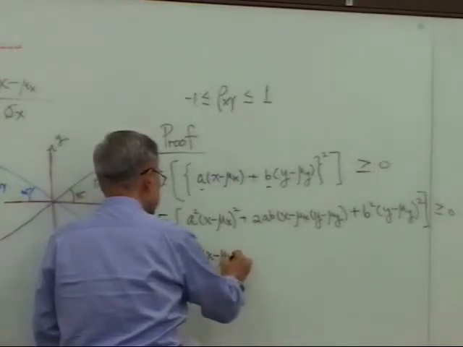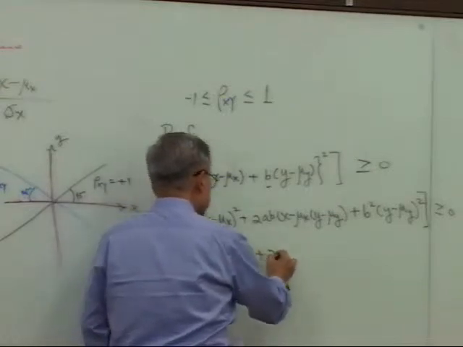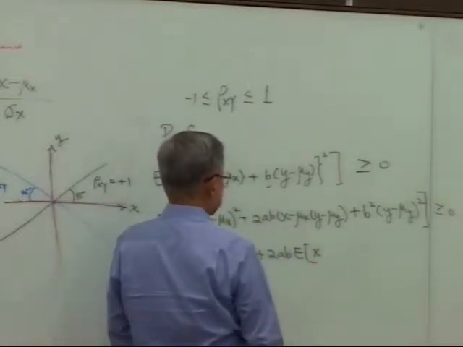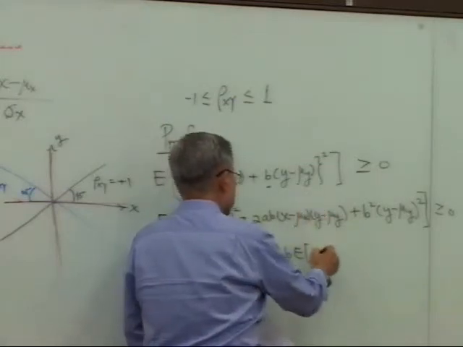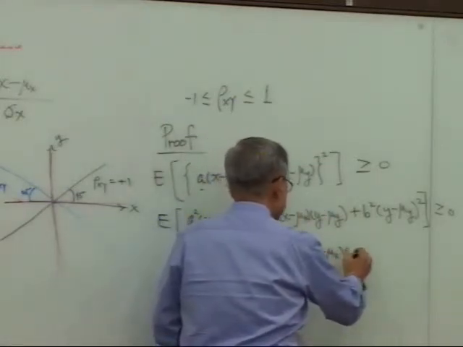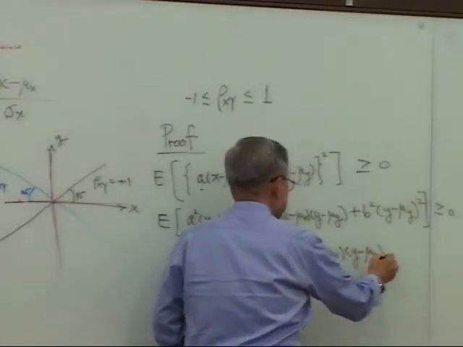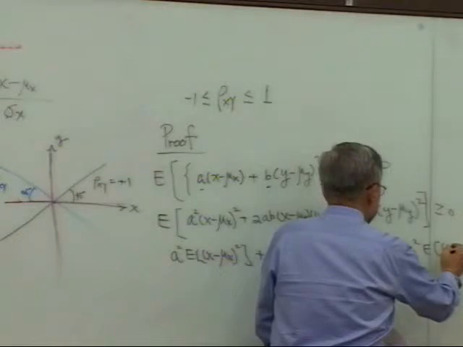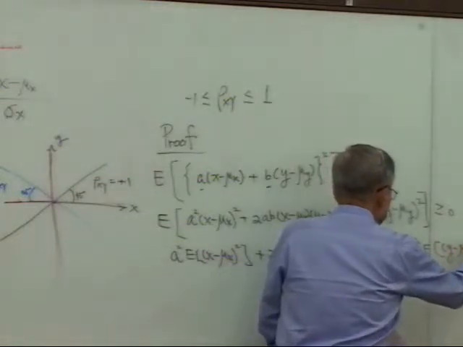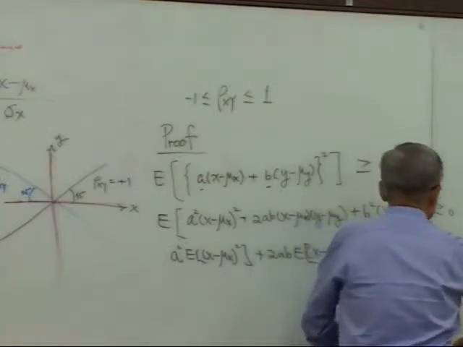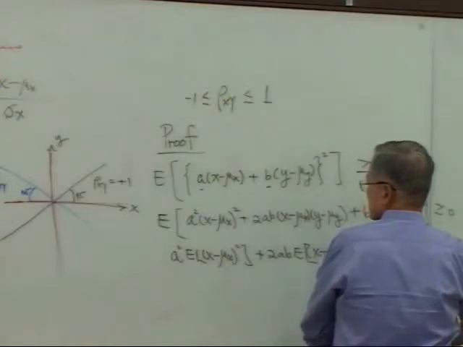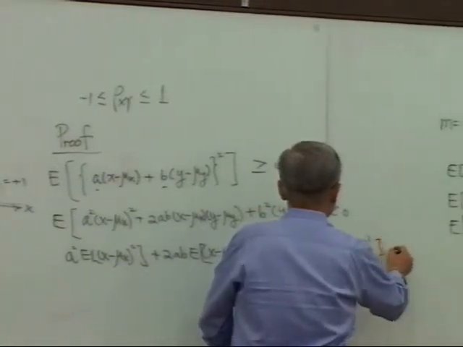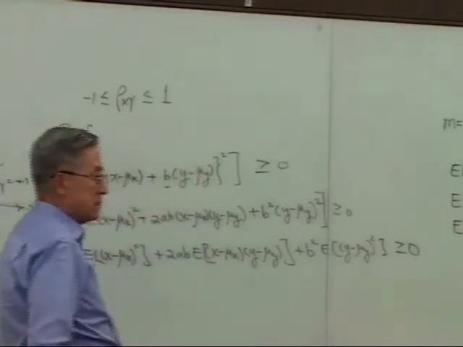So a squared E of x minus mu x squared plus 2ab E of x minus mu x, y minus mu y, plus b squared E of y minus mu y squared, complete. This is it, greater or equal to 0.